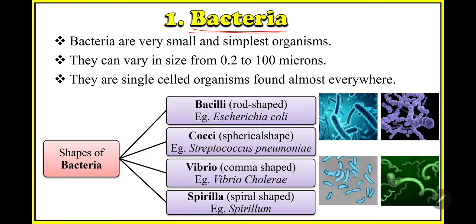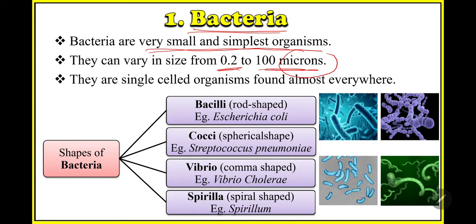Bacteria are nothing but very small and simple organisms. Bacteria are small microorganisms which are very small and simple in their life form. They can vary in size from 0.2 to 100 microns. Now, this micron, what is this unit?